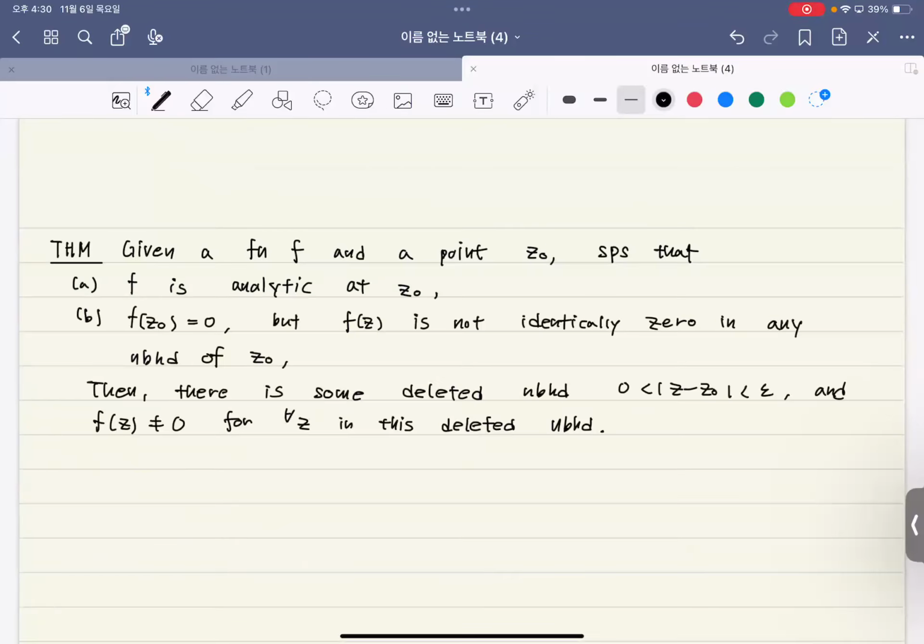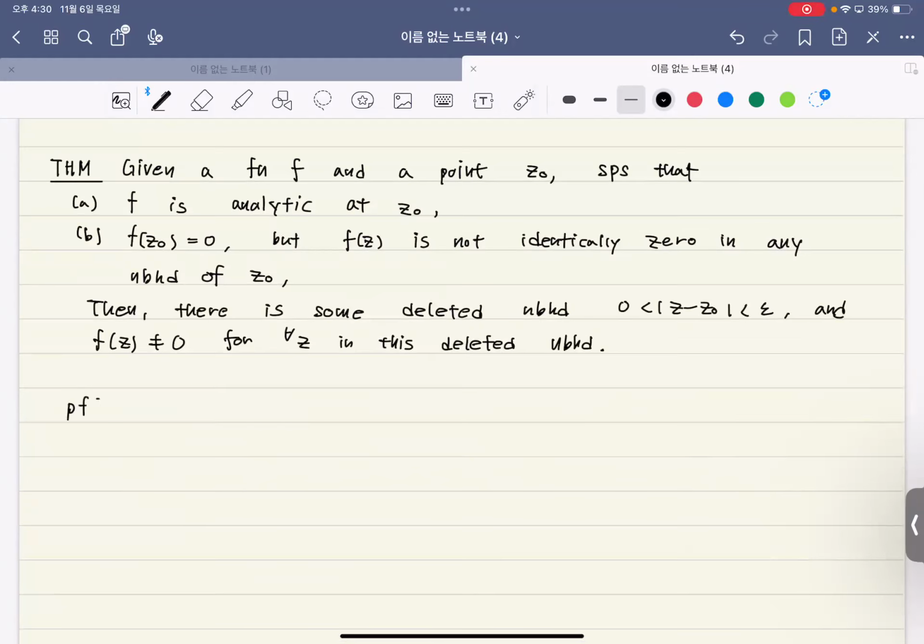In other words, if f of z0 equals 0, then your function is identically 0, or the zero must be isolated.